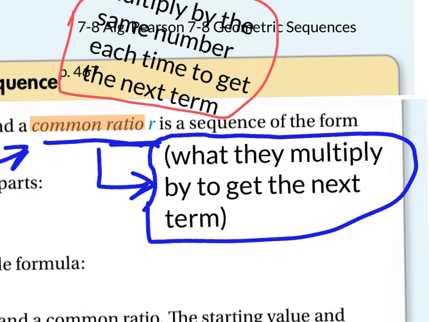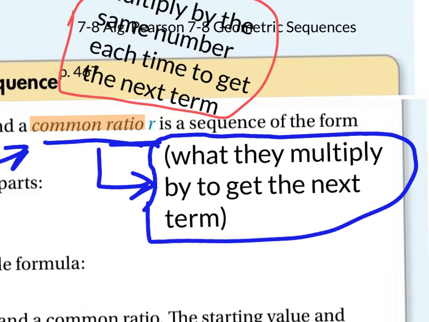They said there was a 5% increase, so we did 100% plus 5%, and we got 1.05. But 1.05 was like our common ratio when we did exponentials. We just didn't call it that. We called it a growth factor. Now we're calling it a common ratio.